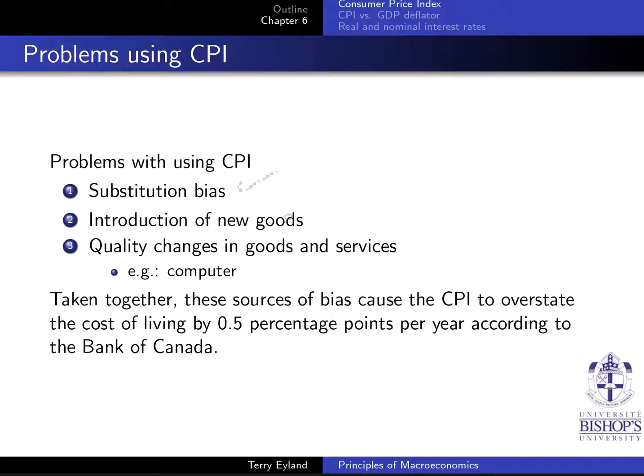Another problem with CPI is the introduction of new goods. As new goods are being introduced, they might not have been part of that initial basket. Also, some of these goods may change in quality over time, which makes it a little bit harder to compare. Taken together, these sources of bias cause the CPI to overstate the cost of living by 0.5 percentage points per year, according to the Bank of Canada.